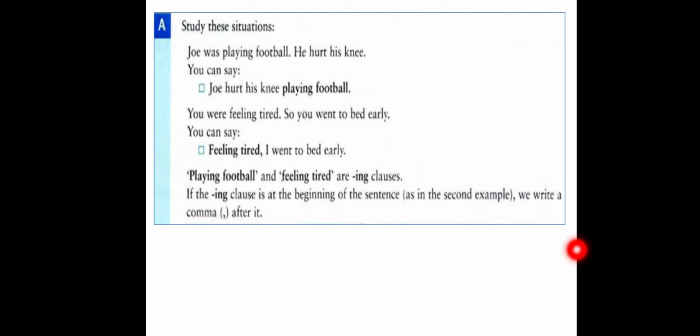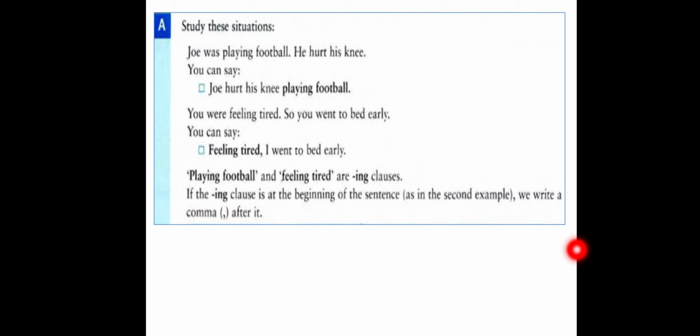But you can reduce the clause only if the subject of the main clause is the same as the subject of the subordinate clause. Here the subject of the main clause is I, and the subject of the subordinate clause is I as well. So you can reduce it and cut off as plus I plus the linking verb.